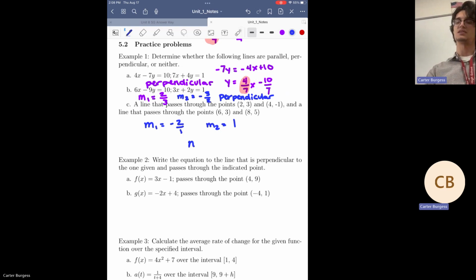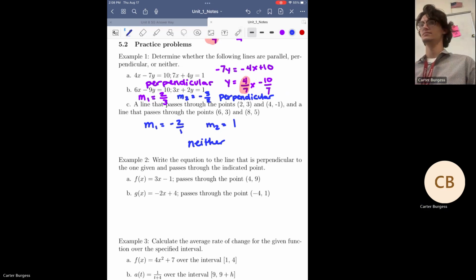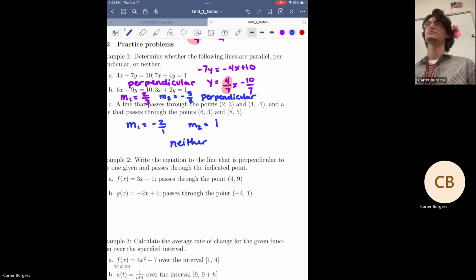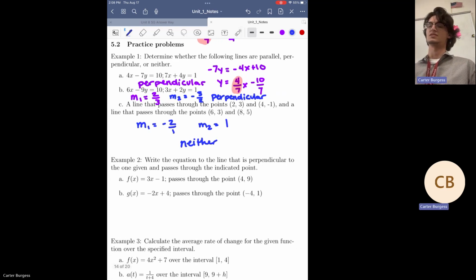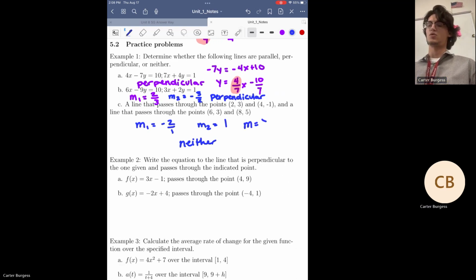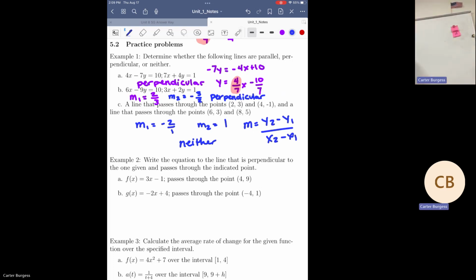No. And so this is not parallel nor perpendicular. They are just 2 regular old lines. So this is the y2 minus y1 over x2 minus x1. So how much has our y changed, or how much has our x changed?